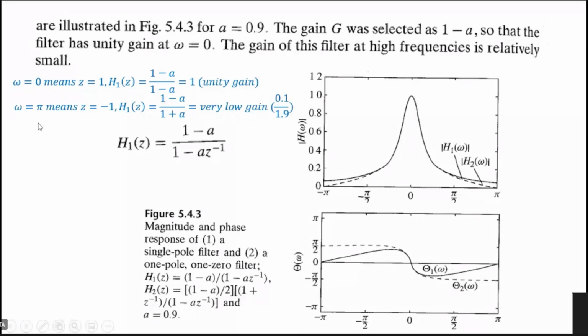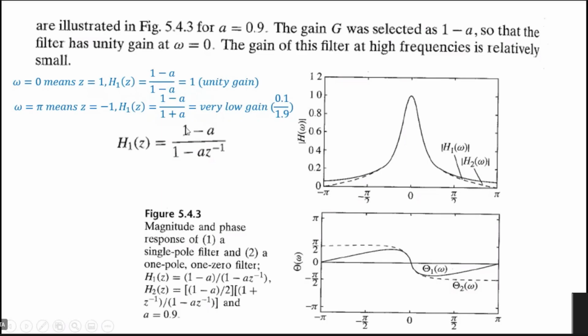Now consider the higher frequency, omega equal to pi. What is the gain? Omega equal to pi corresponds to z equal to minus 1, so in place of z inverse we write minus 1. So 1 minus of minus a, that means 1 plus a.